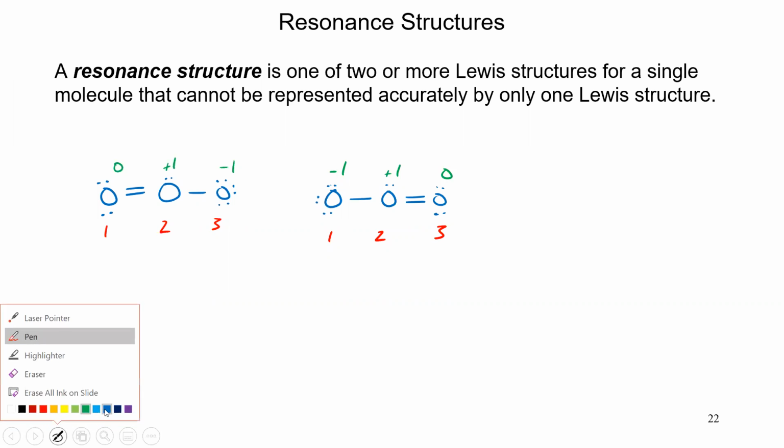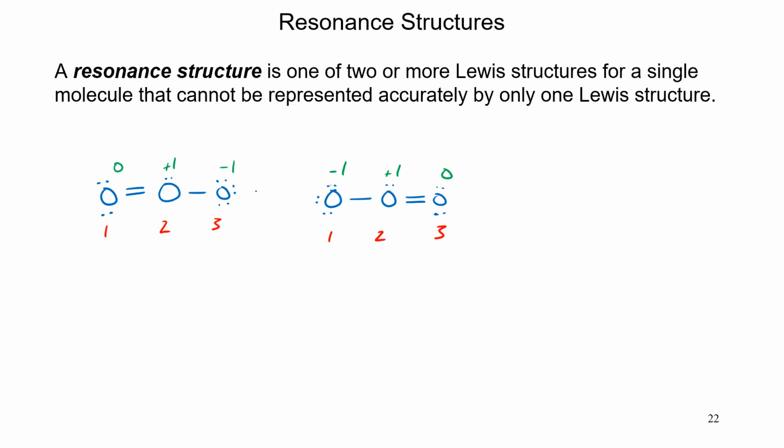In order to identify a resonance structure, we have to draw both of them, and then draw this double-headed arrow between them. You will not get full credit for a Lewis structure if you don't draw all the resonance structures, because there's no one best way of representing ozone.